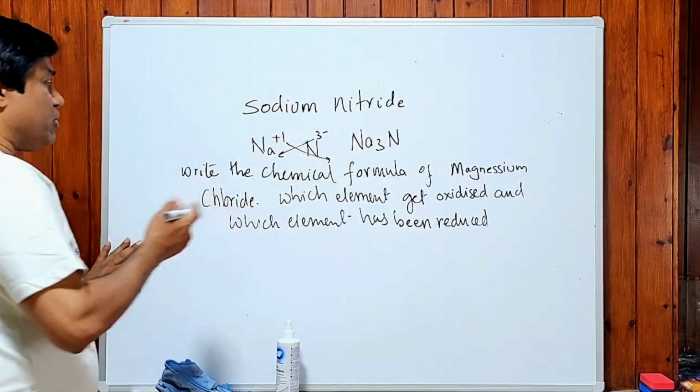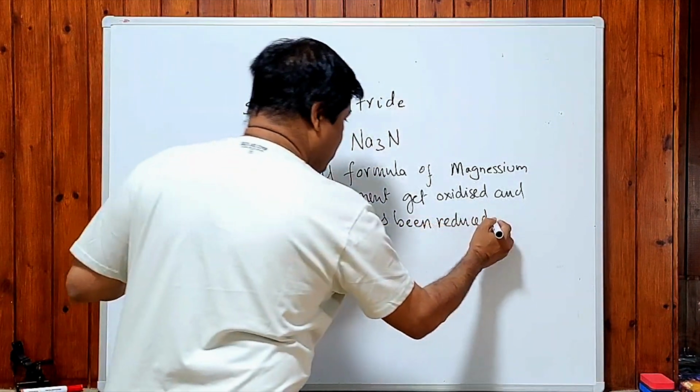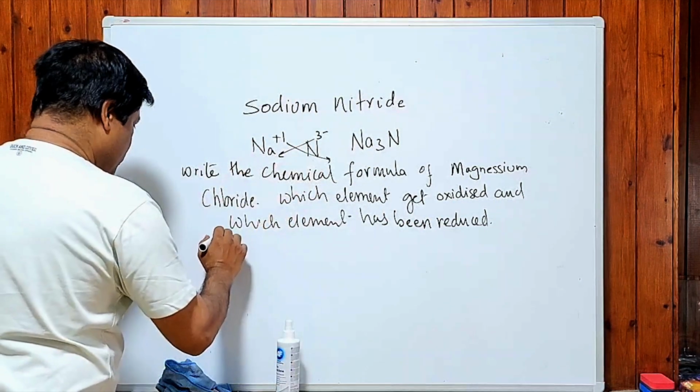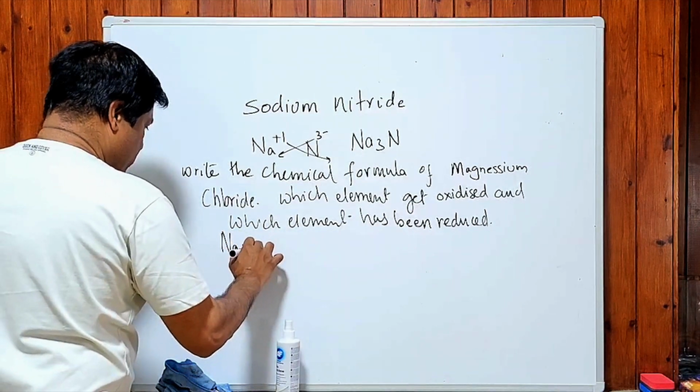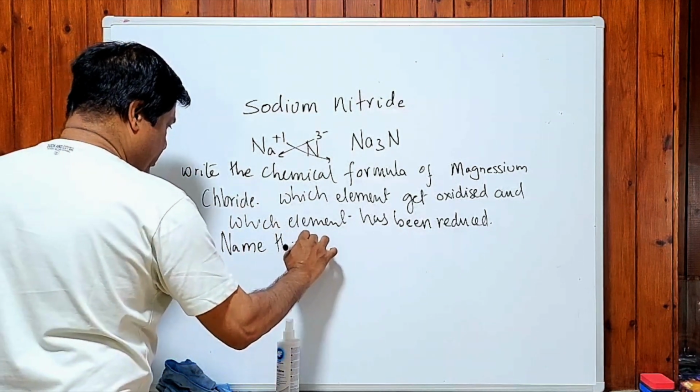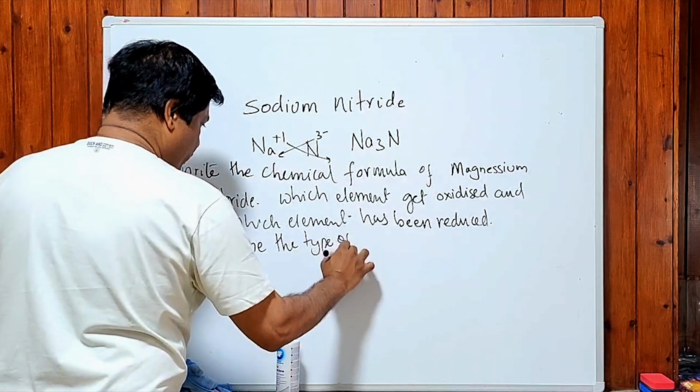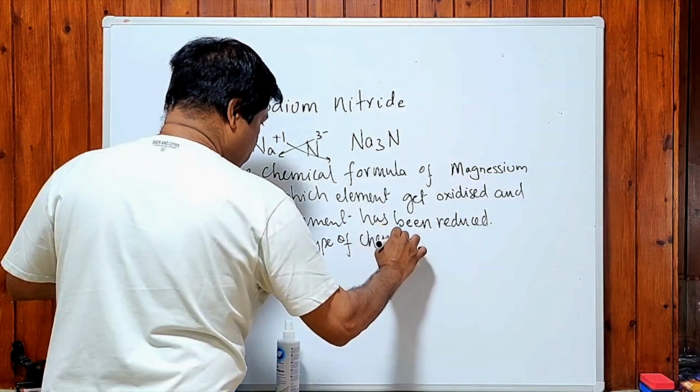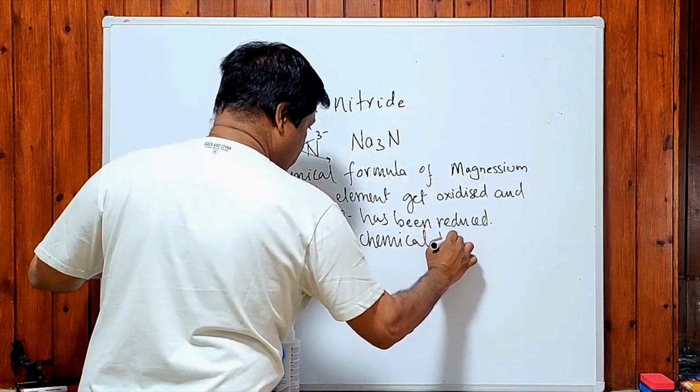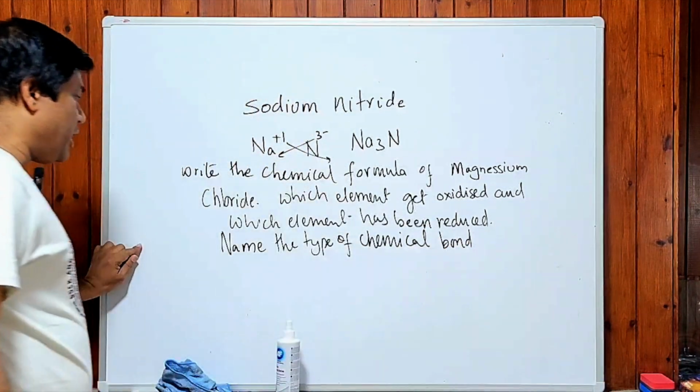Name the type of chemical bond. We know that, but I want to add that one also. Name the type of chemical bond between magnesium and chloride.